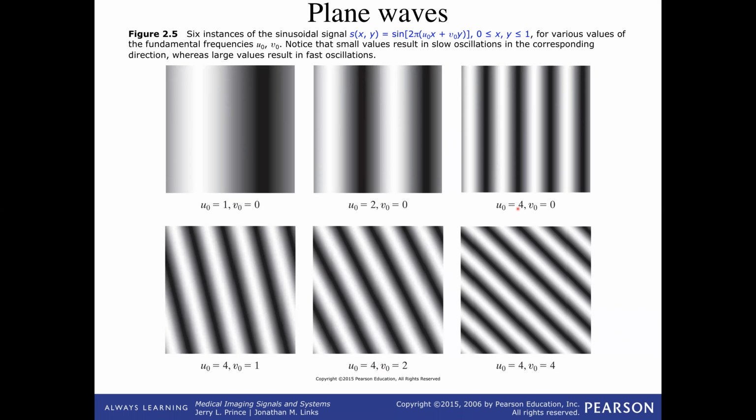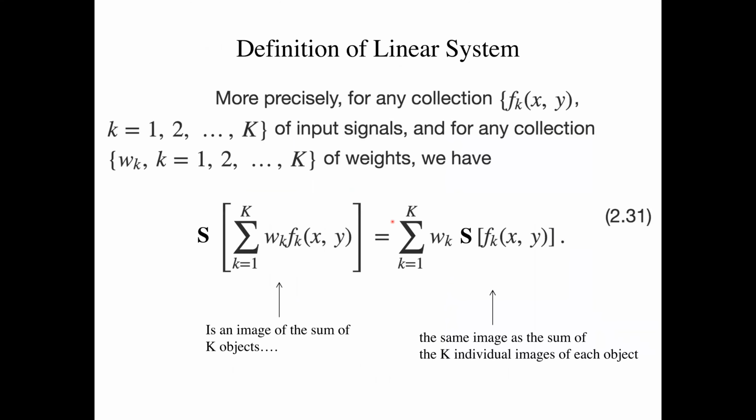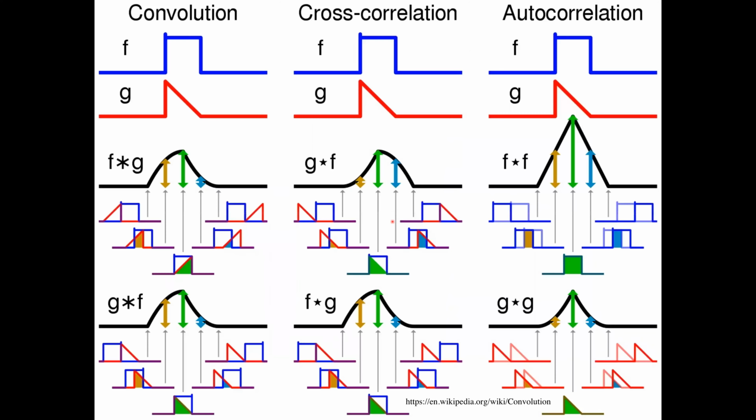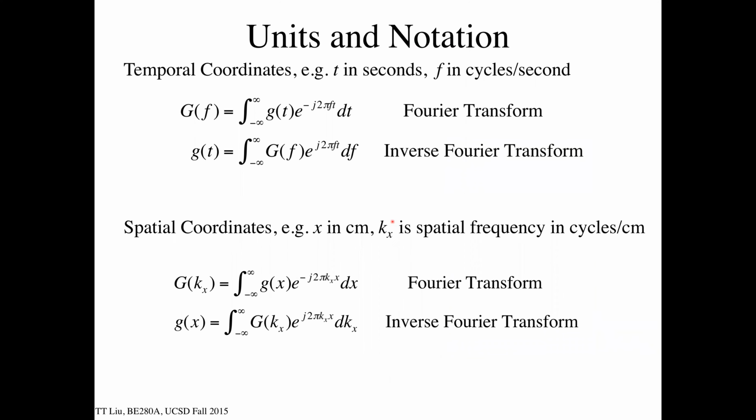This has 4 cycles per field of view. If this is 1 centimeter here, this value would be 4 cycles per centimeter. This would be 2 cycles per centimeter. That's a spatial frequency. It's cycles per centimeter or per meter.